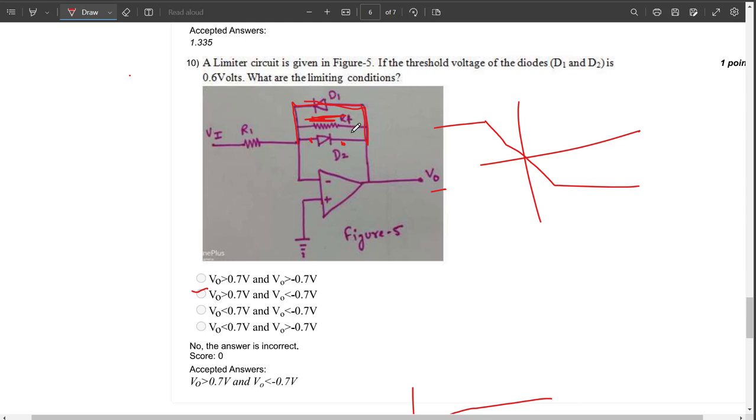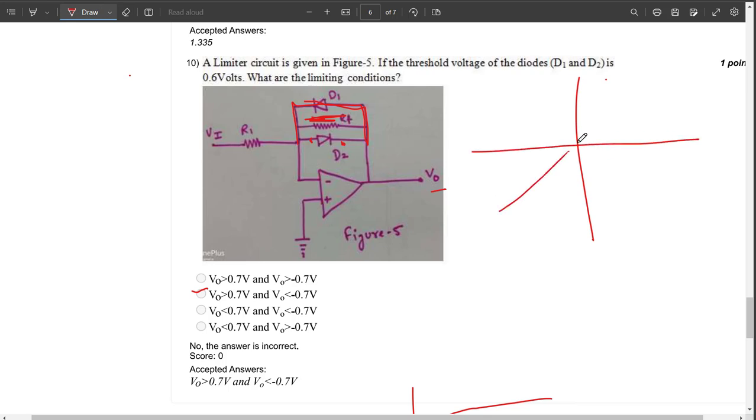Ma'am, could you please point out the axis? So yeah, see, it is something like this. Please mention the x and y axis.